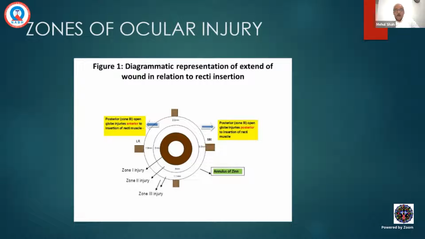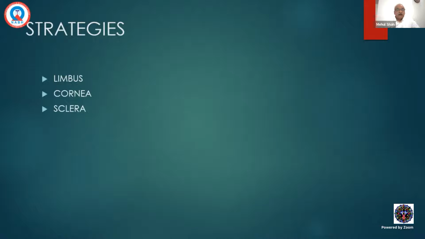When we look at the open globe injury, we have to understand the zones of injury. If it is a corneal trauma, it becomes zone 1. If it is between the limbus and 5 millimeters from the limbus, zone 2, and beyond that is zone 3. We understand that if the injury is beyond the ora, the prognosis is poor, and the strategies to tackle it are very different.